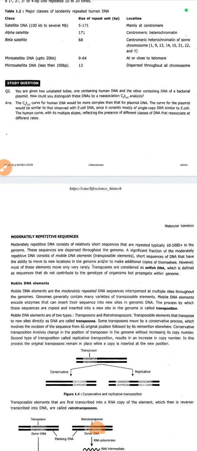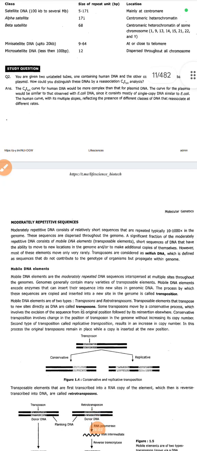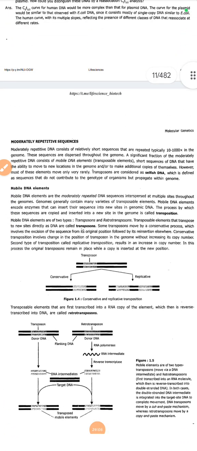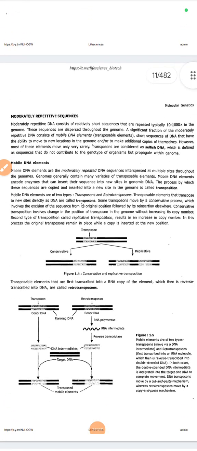The human curve will have multiple slopes which represent different classes of DNA. Single copy will show a single curve, and you will see multiple slopes when different classes of DNA reassociate at different rates. So based on reassociation kinetics, you can distinguish in that way.